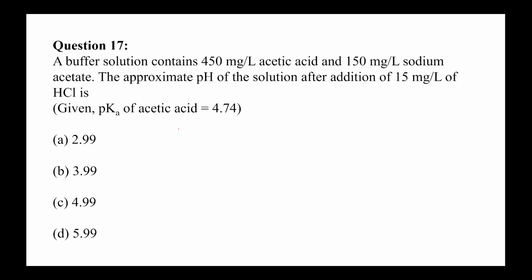So we have 450 mg per liter of acetic acid, right? That means the concentration in terms of molarity, if you have to calculate, it would be 450 divided by 1000 to convert it into gram and divided by 60, which is the molecular weight.